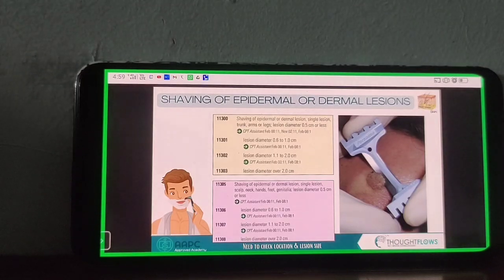So 11301 into 2, because we are reporting the code based on the number of lesions. Any doubt, team?